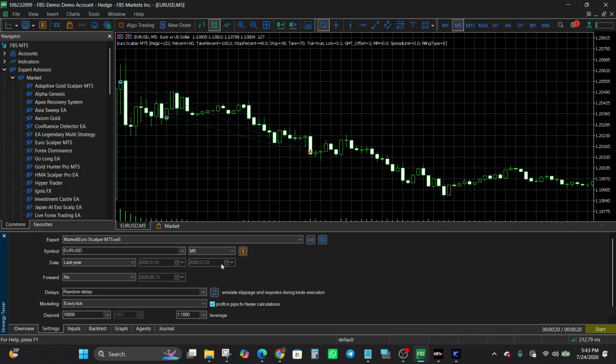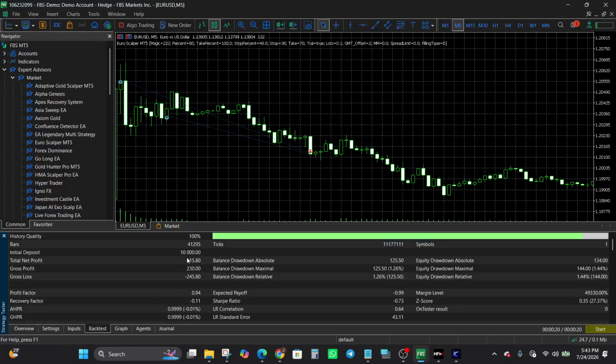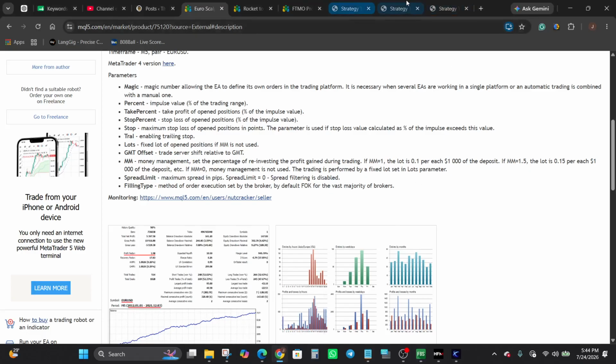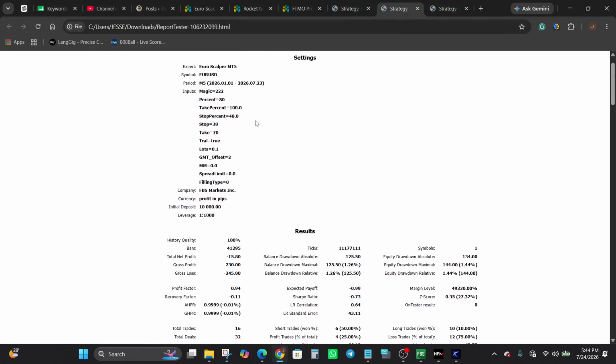The initial deposit was set at $10,000. All right, with a fixed lot size of 0.1 and fixed parameters, including an 80% impulse setting, 100% take profit, 48% stop percent, and a hard 38-point stop. Okay, so we can see the input settings here.